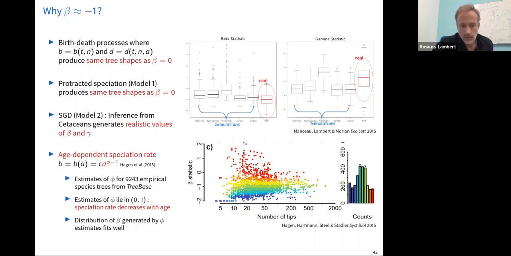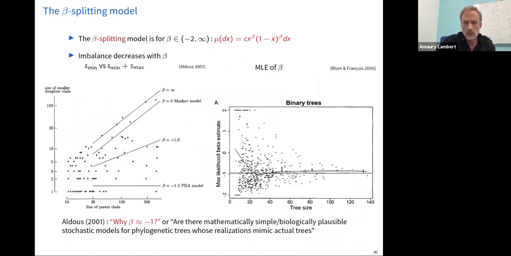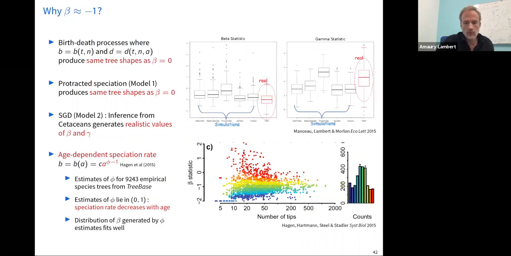They saw that phi was between 0 and 1, indicating that speciation rate decreases with age, so that species do age. And the distribution of beta that is generated by these phi estimates, as you can see on the bottom panel, fits well the distribution that I showed you here in Bloom and François' paper. So that might be an alternative explanation for this imbalance observed empirically.